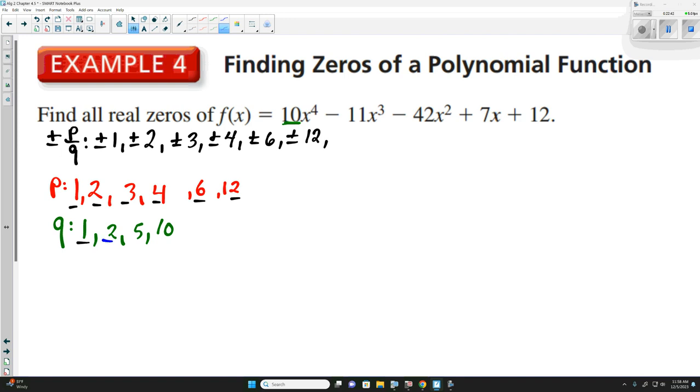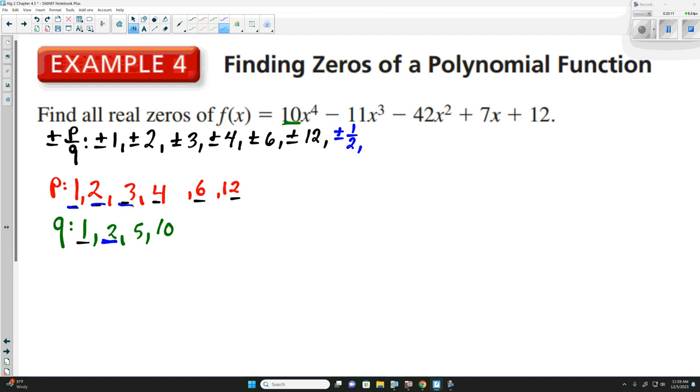Now what we're going to do next is divide each of the values of P by Q, which is 2. When we do 1 divided by 2, we get 1/2. If we can reduce it, we're going to reduce it. Our next one is 2 divided by 2, which is 1. We already have it. If we have it already, we don't have to write it again.